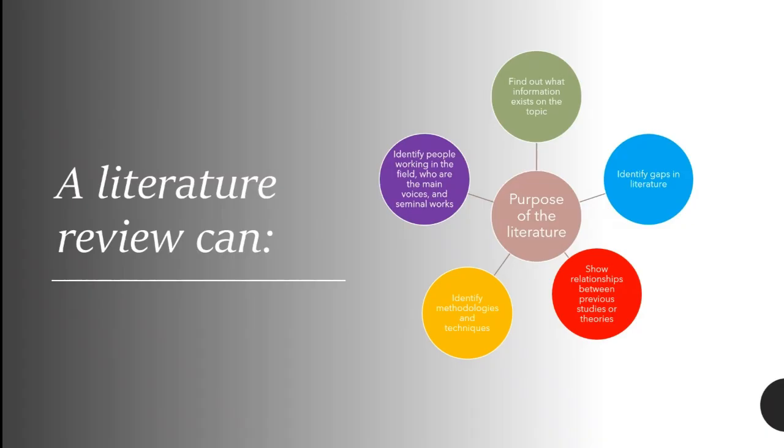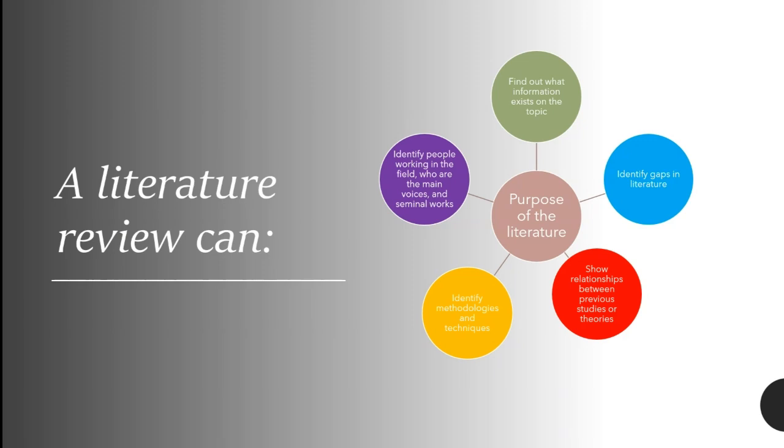So, when we start looking at, for instance, a potential topic, our literature review can find out what information exists on the topic. It can also help identify gaps in the literature. It can show relationships between previous studies or theories. It can potentially identify methodologies and techniques.